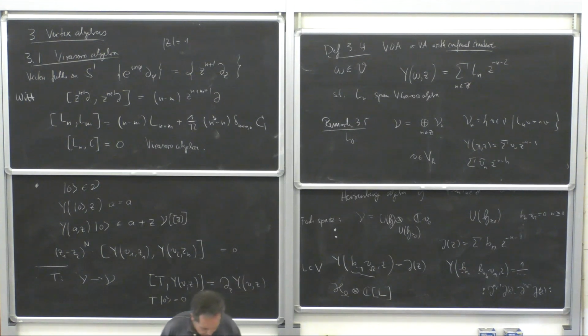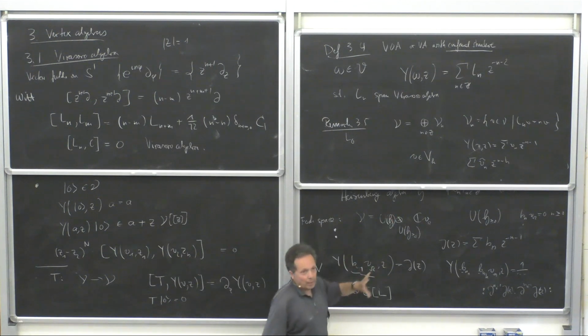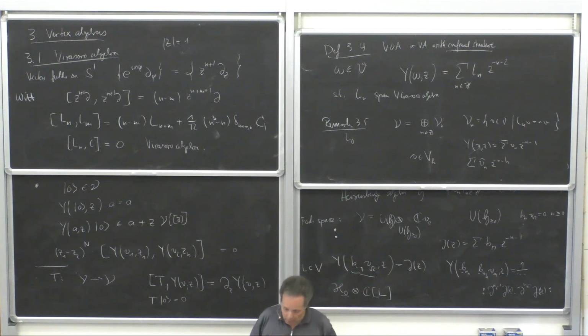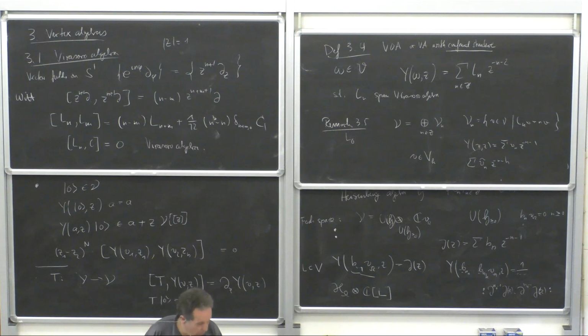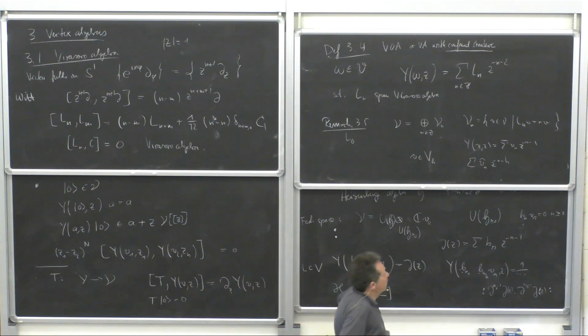And you can replace the abelian Lie algebra by a non-abelian Lie algebra. This will be important, and I will use this example then for explaining in an informal way what conformal blocks are.